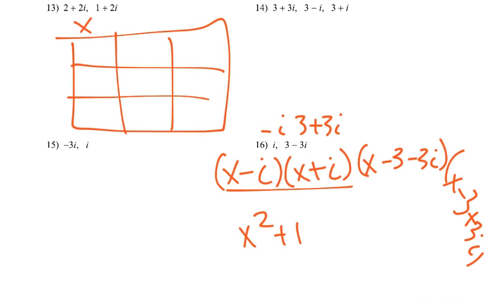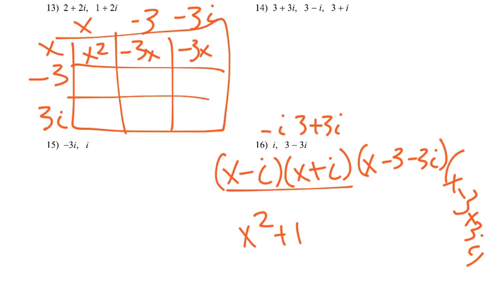But it works a lot similar to the square root ones. Because we get x squared, negative 3x, negative 3xi, negative 3x, positive 9, positive 9i, 3xi, negative 9i, then negative 9i squared.